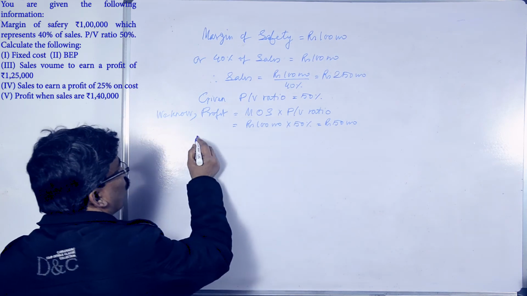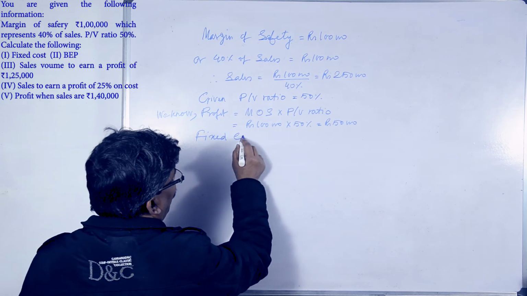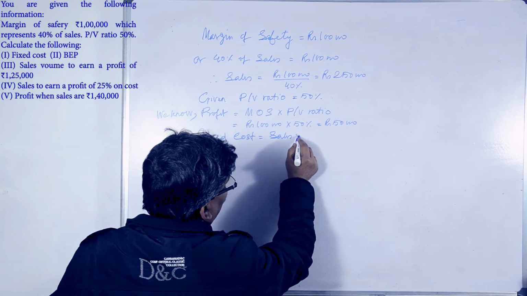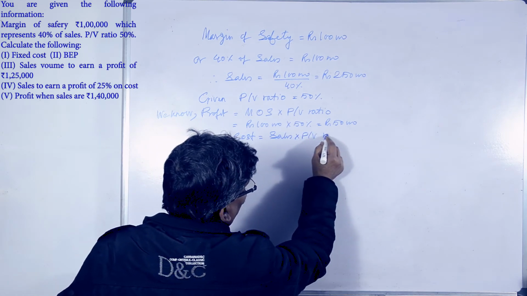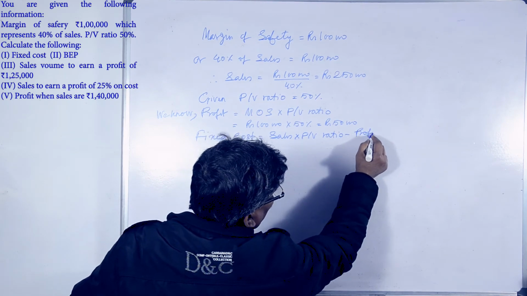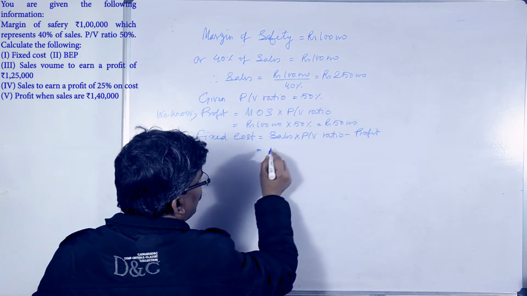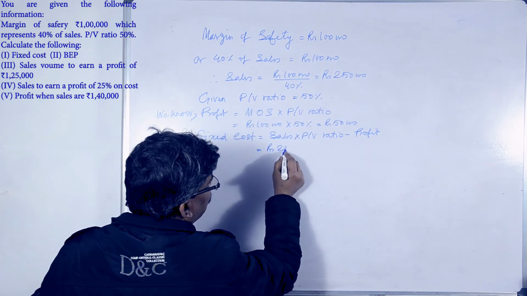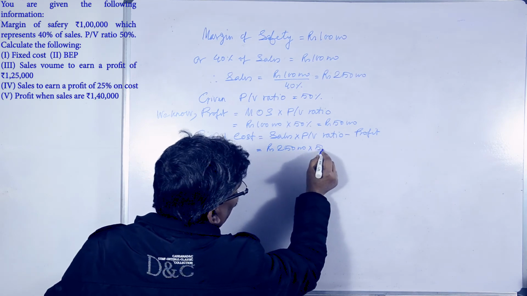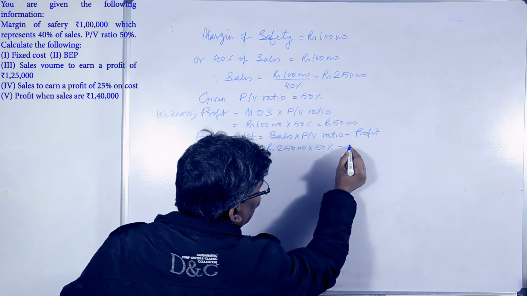Then we can calculate fixed cost, because to calculate break-even point we need fixed cost. Fixed cost equals to sales into PV ratio minus profit. Sales we calculated as 2,50,000, PV ratio is given 50%, minus profit also we calculated 50,000.